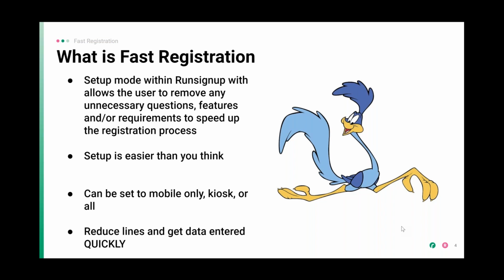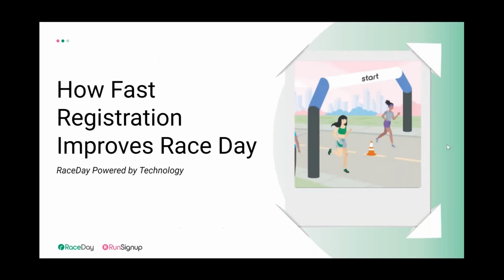Or pull things off of flyers or what have you. So this is a great way to transition that race day data entry to electronic registrations, all your finances in one place. And for you, the timer, an easier way to pull data in from one central source.